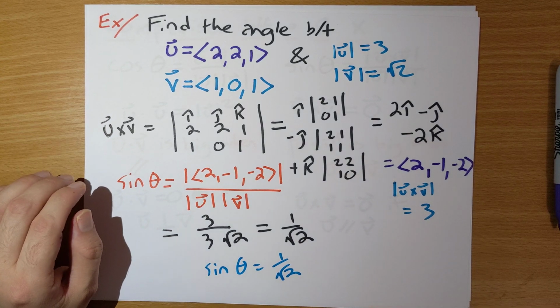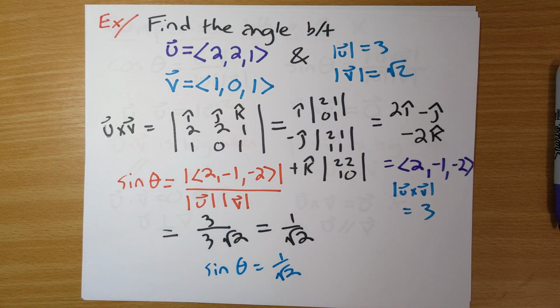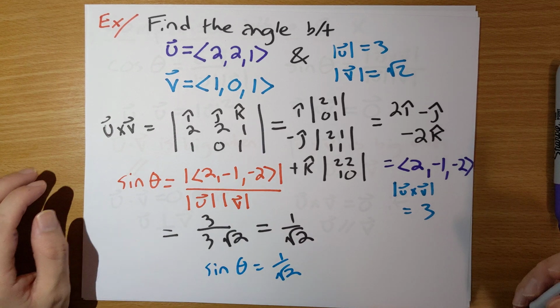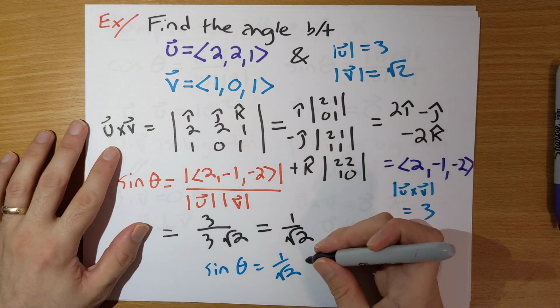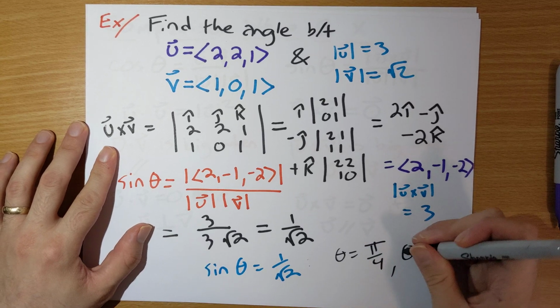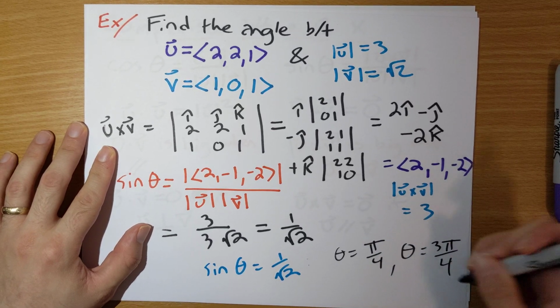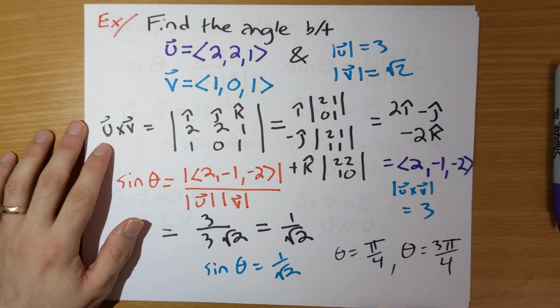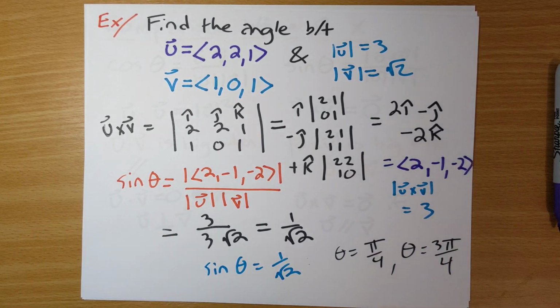So the only two possibilities, assuming theta is between 0 and pi, are theta is equal to pi over 4, or theta is equal to 3 pi over 4. How to choose between these two, we can choose in the middle of our dot product calculation.